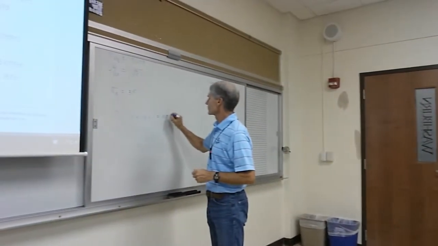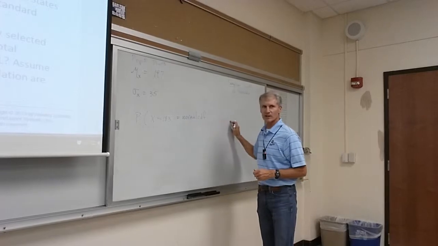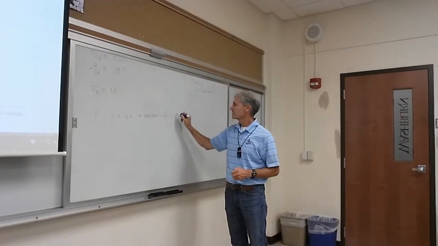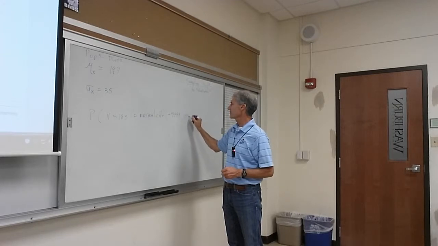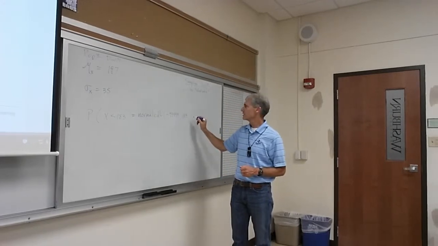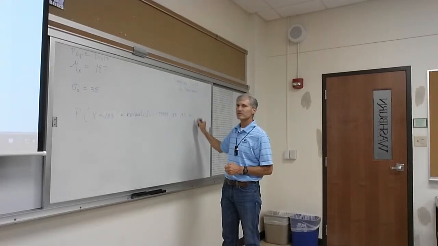Okay, so normal CDF. It's for an individual. So it's normal CDF from what to what? Negative infinity, because there's no lower bound, up to 183, then enter the mean and the standard deviation.